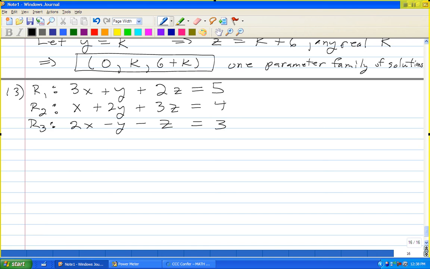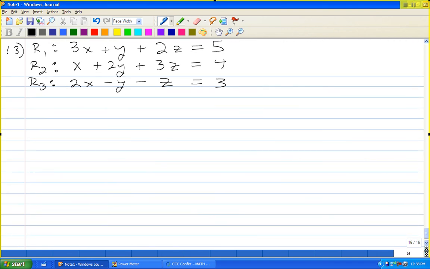They all look pretty similar, but I think the y is easiest. So y is easiest to eliminate, just barely, but it's still. So let's eliminate y. So let's first do R1 plus R3, 3x plus y plus 2z equals 5.